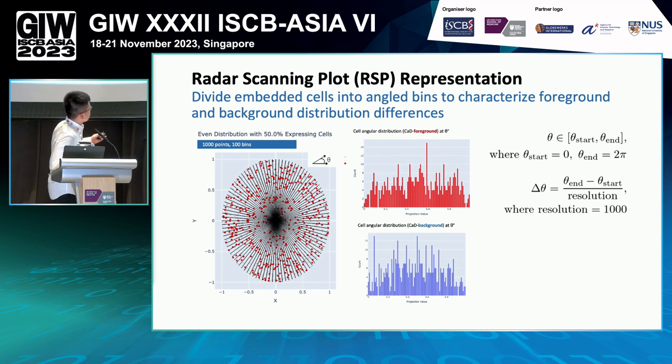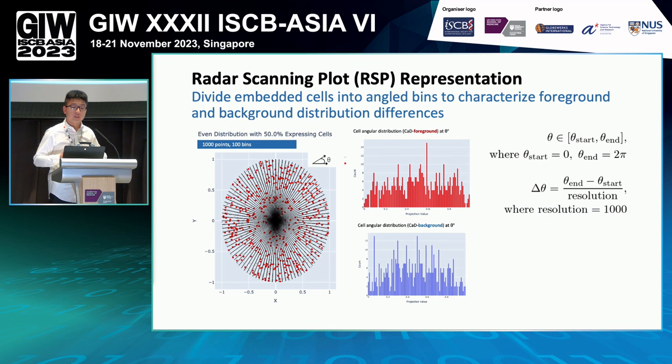So at each particular angle, let's just take 0 degree for example, what you'll get is 2 histograms. You'll have the cell angular distributions with the foreground being displayed here as red, and the background being displayed as blue. The theta degree is defaulted from 0 to 2 pi, which is 360 degrees.